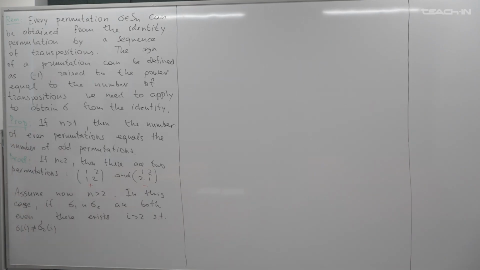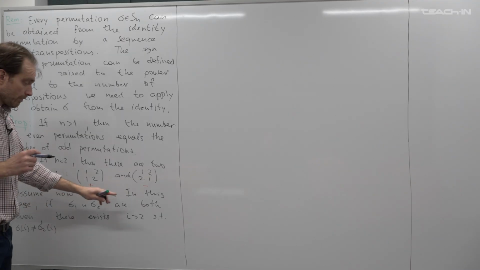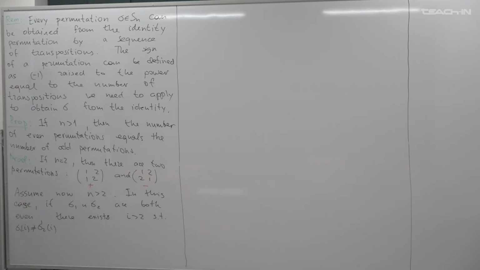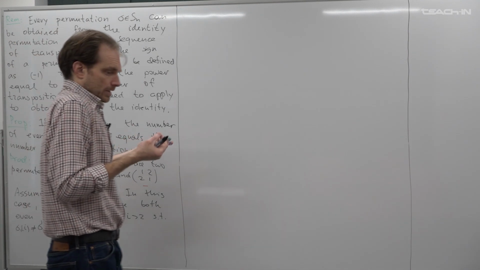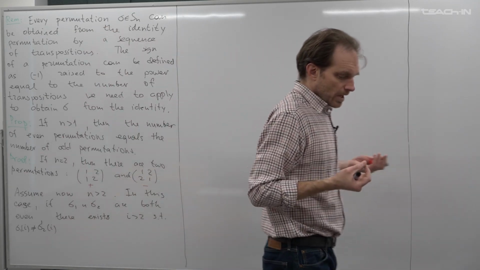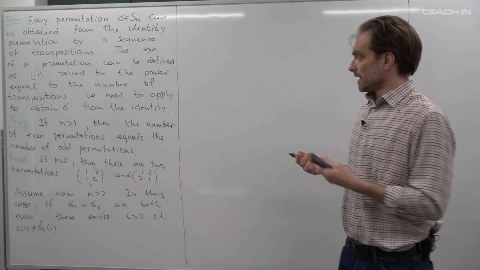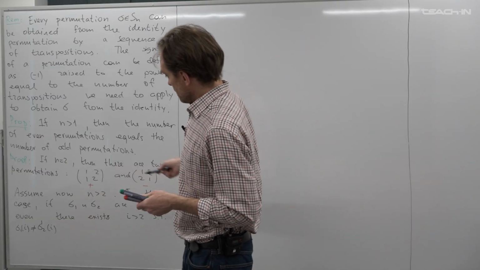That the images of all elements starting from 3 cannot be the same for these 2 permutations, because otherwise, since they are different, they should differ somewhere, and they can differ only in the beginning.